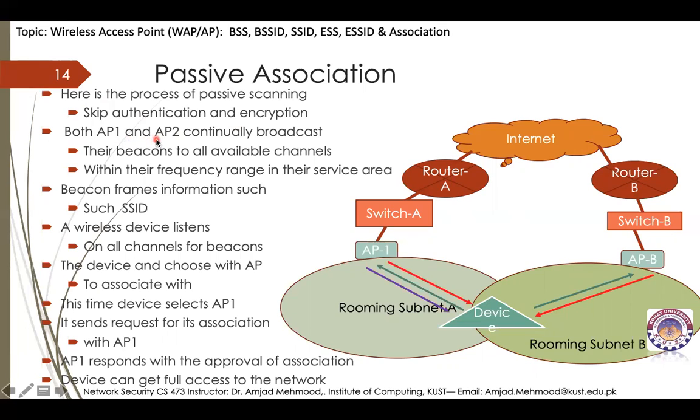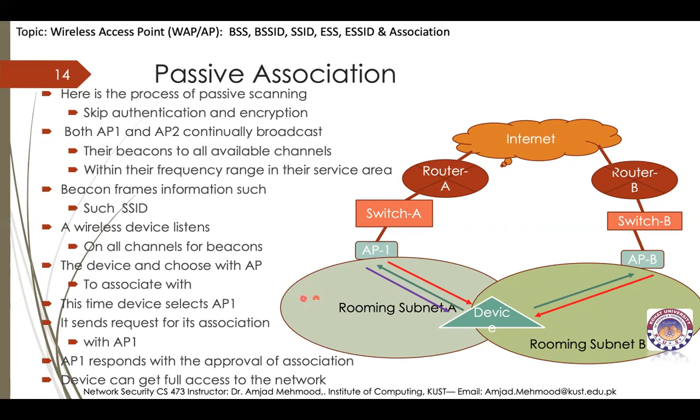Both AP1 and AP2 continually broadcast their beacons to all available channels within the frequency range in their service area. So the access point will be sending beacons to all channels in the frequency range.